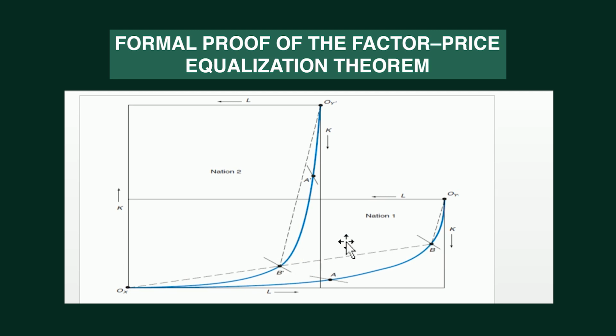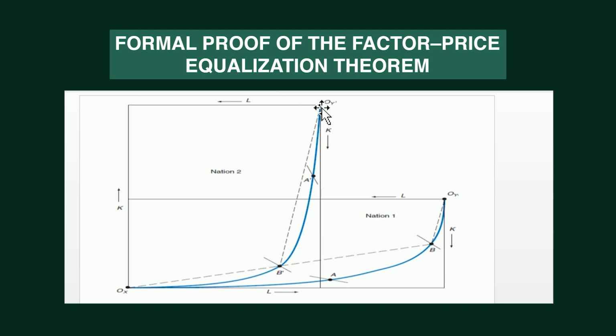Before that, let us understand the idea of the Edgeworth box diagram. Good X is measured along the horizontal axis for country 1 and good Y is measured along the vertical axis. Whereas for nation 2, good X is measured along the horizontal axis, whereas good Y is measured along this downward sloping axis.